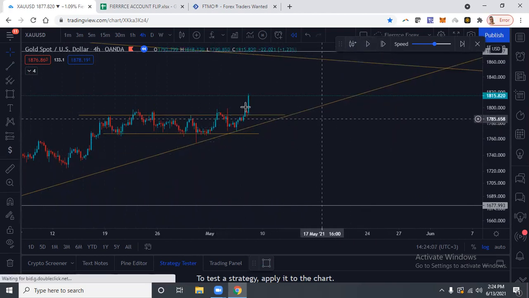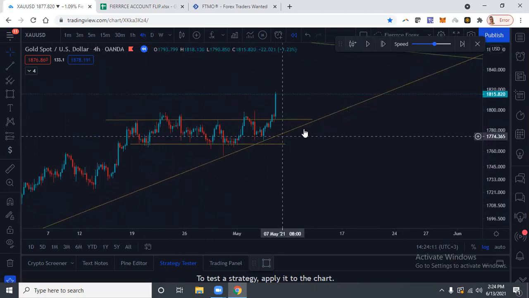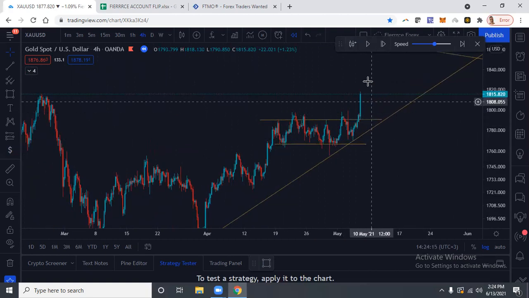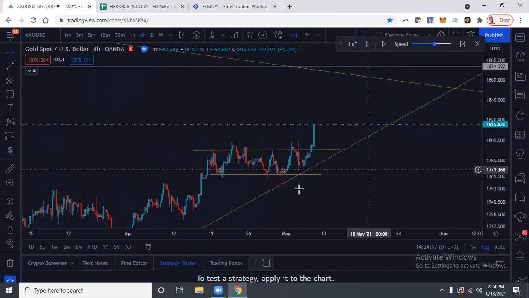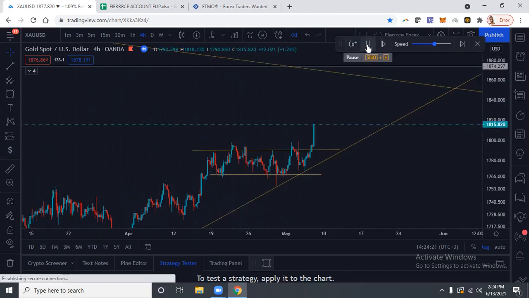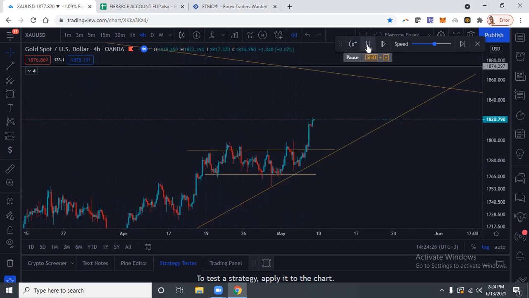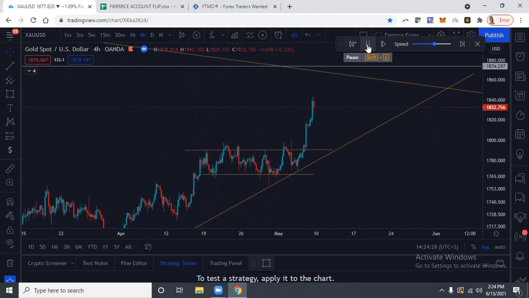And there we go, so I've missed a trade there. But I want to see this. Either we're going to push up completely, or, okay, we are definitely pushing to the upside.